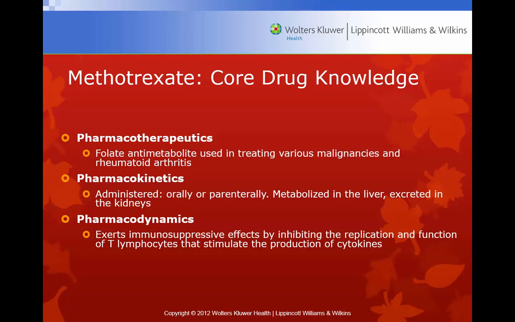On the core drug knowledge, pharmacotherapeutics: folate antimetabolite used in treating various malignancies and rheumatoid arthritis. Pharmacokinetics: it is administered orally or parenterally, metabolized in the liver and excreted in the kidneys.